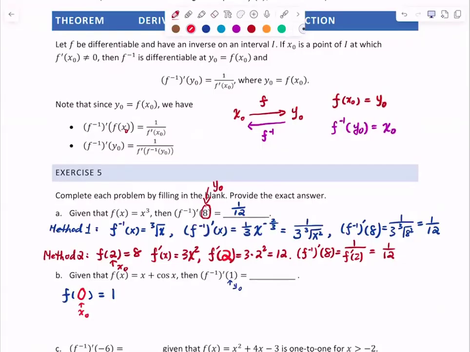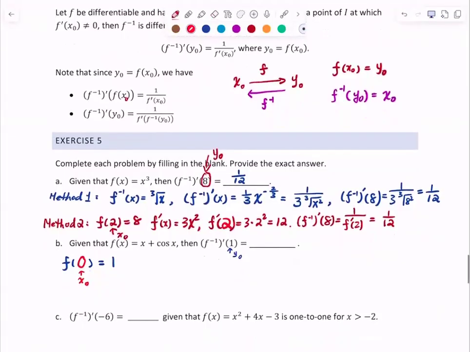All right, so let's continue. We do f prime, and we did that before. That's 1 minus sine x. Then we do f prime of x naught, so that means f prime of 0. That's 1 minus sine of 0.